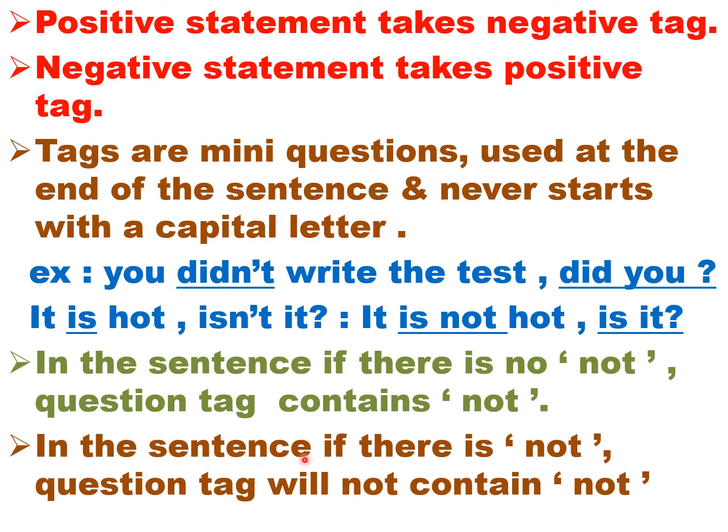If there is not in the sentence, the question tag will not contain not. See, in this sentence, there is not and so there is no not in the question tag. In this sentence, it is hard, there is no not and so we must use not in the question tag, isn't it?